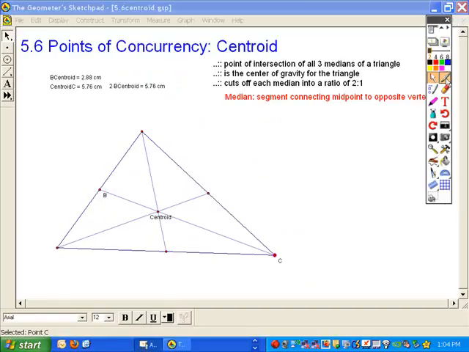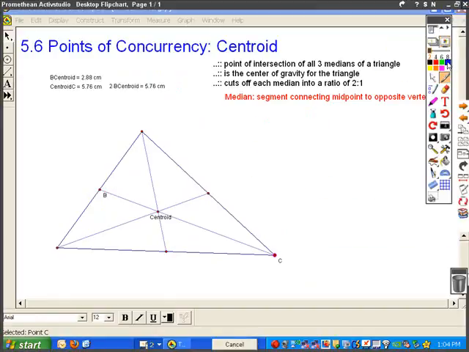Okay, so here's kind of what that means or gives you. What that means is if I told you that this length right here was 5, what does that mean this length is going to be? Double it, or 10. And what if I told you that this length here was 18? What does that mean this length is going to be?